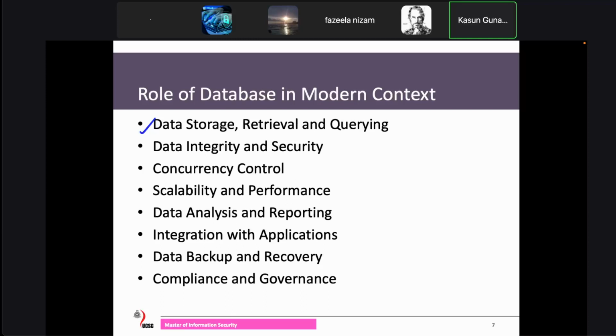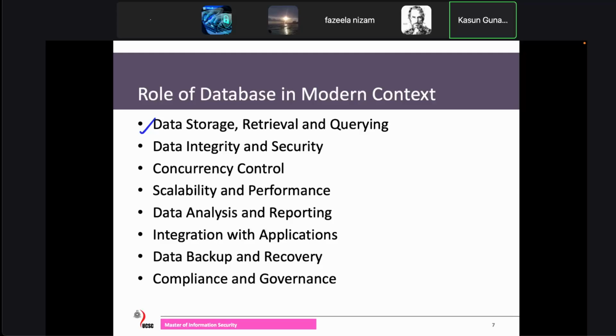Then apart from that, data analysis and reporting is an essential component, and also integration with applications, which means various applications may need to integrate with databases, systems, and interoperability between different components of an information system. Sometimes we may need to connect with web applications.